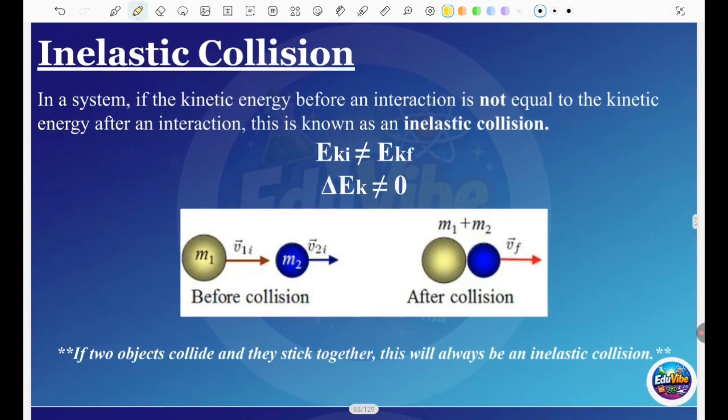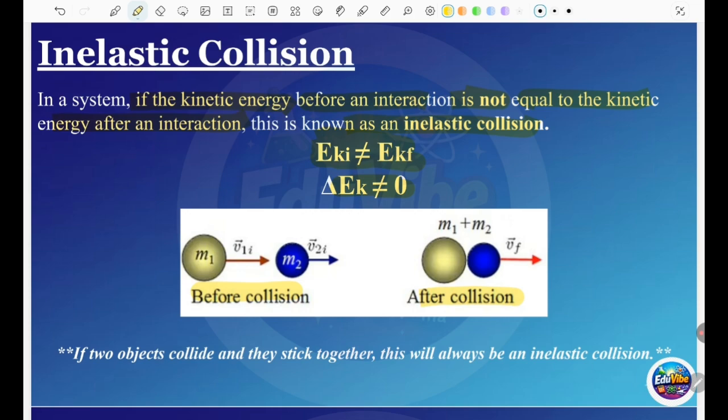In inelastic, it is the opposite. If the kinetic energy before interaction is not equal to the kinetic energy after interaction, this is known as an inelastic collision. So in an inelastic collision, EKi is not equal to EKf, so delta EK is not equal to 0. Before and after collision, both are different.